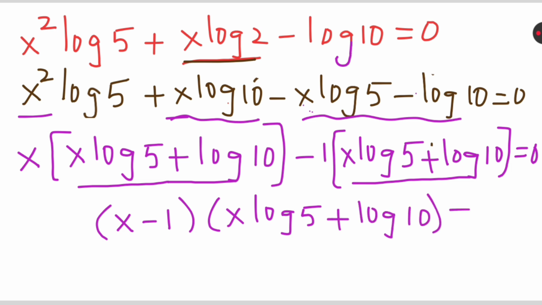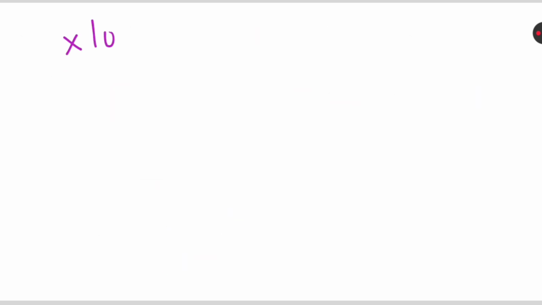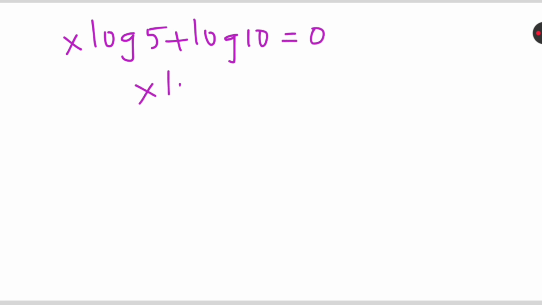So we are getting two factors here. The first factor is x minus 1 equal to 0. From here we can say that x is 1. From the second factor, which is x log 5 plus log 10, that is equal to 0. From here we can write this as x log 5 equal to minus log 10.